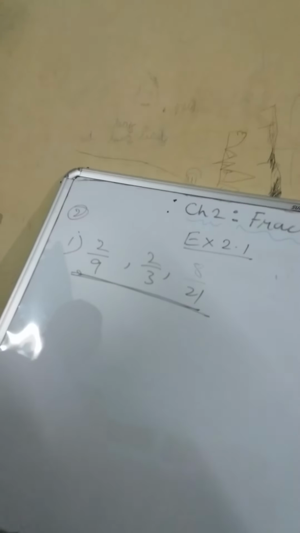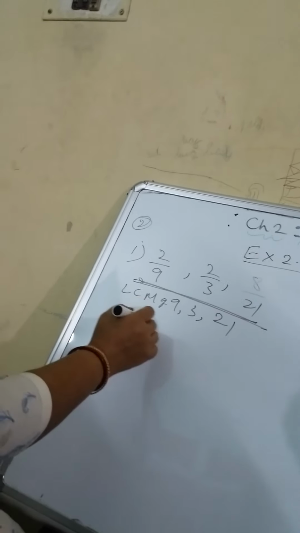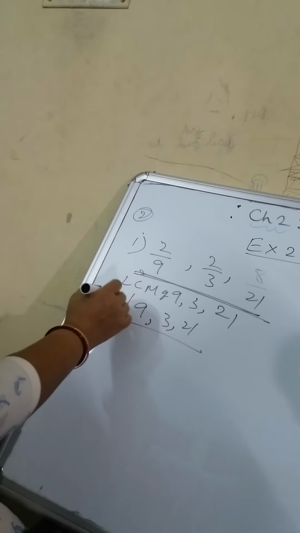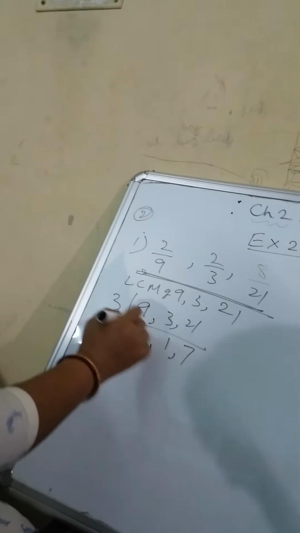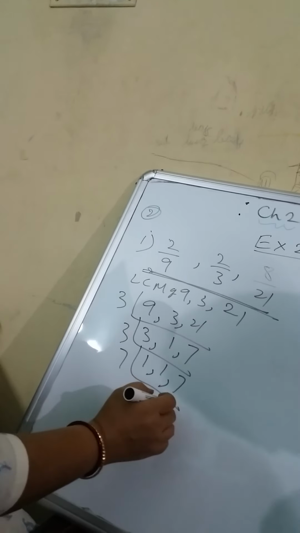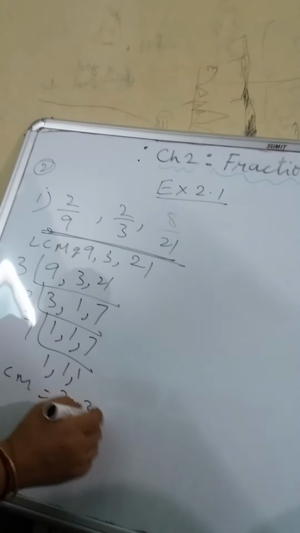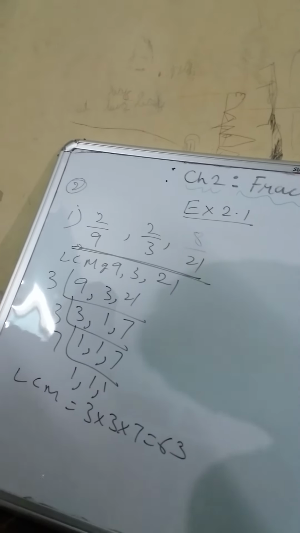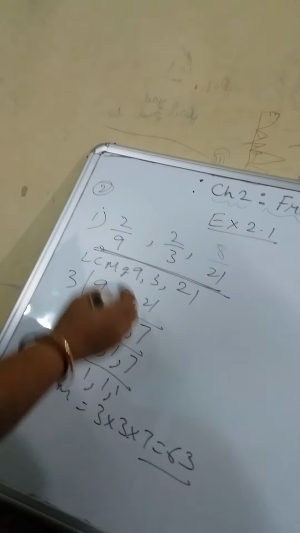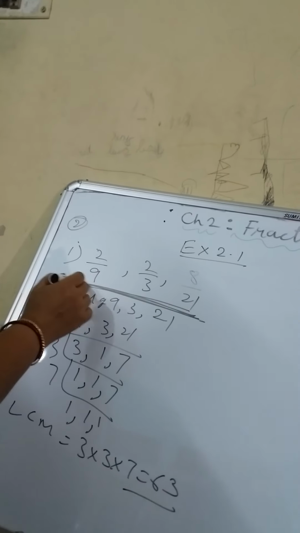By taking out LCM. So LCM of 9, 3 and 21 is 63. That means when you convert these into like fractions, their denominator should be 63.